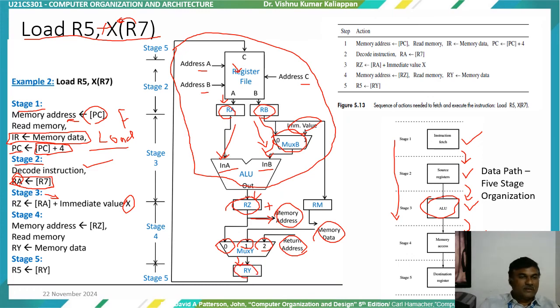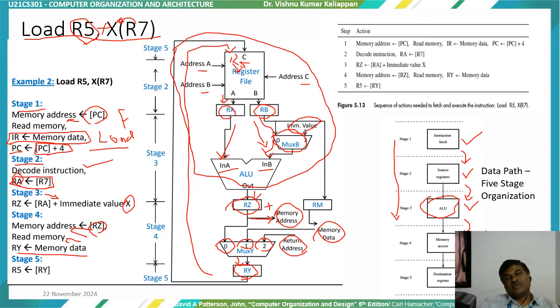That is from RZ to memory address, then read the memory and move to RY, as per the instruction. The data from RY will be moved to the register file, where you have R5. So the answer will be stored in R5.